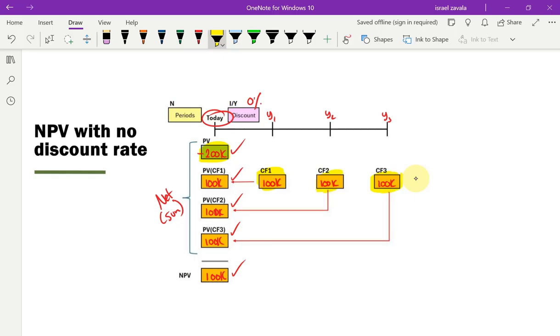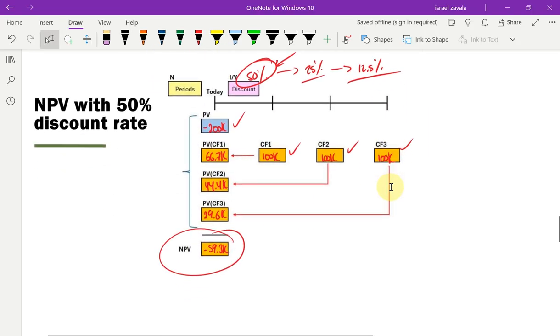When we compare all of them in today's dollars, that means that we're bringing $100,000 worth of value to the company today, as opposed to this example where we have a 50% discount, which I know is kind of an exaggerated example, right? We're going to make that same $200,000 investment. We're going to get the same cash flows. However, this would actually reduce the value of your business by $59,000 because the discount rate is just too high.